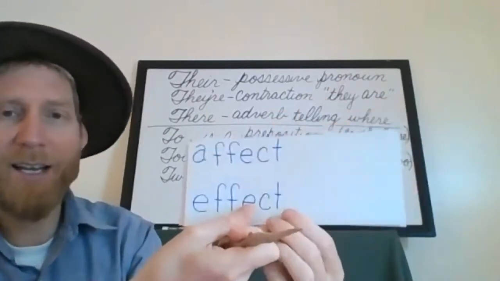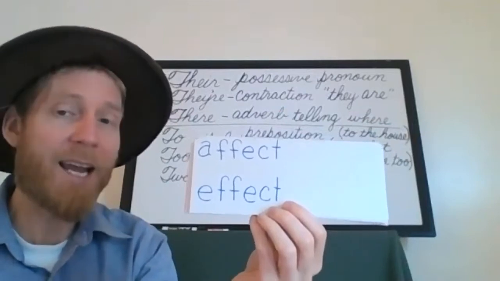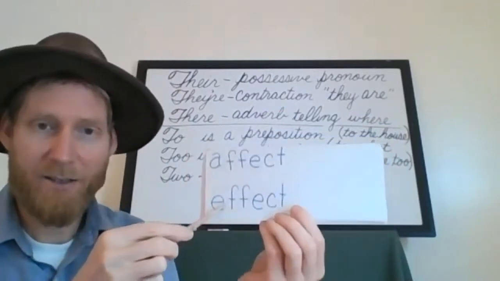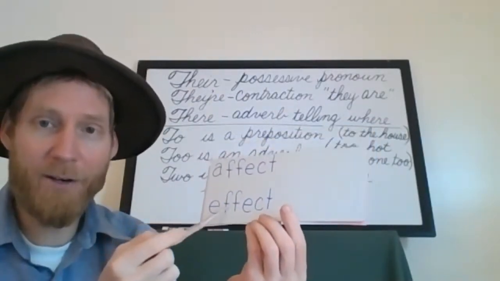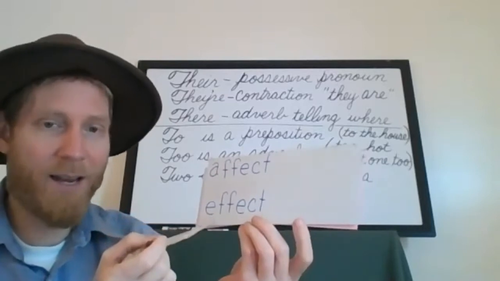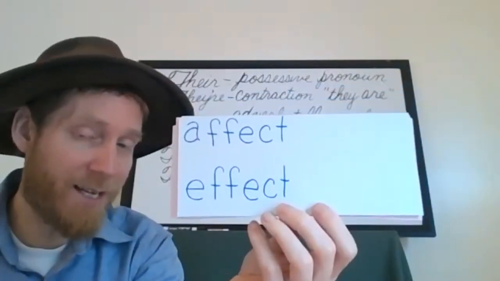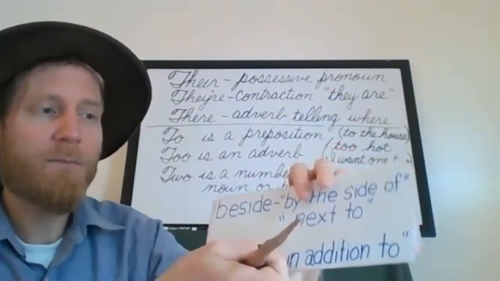Affect and effect. Affect is the verb. It affected me, okay? But it had an effect on me. If it's used as a noun, like an or a the in front of it, then it's effect. If it's a verb, an action word that you're doing, it's affect with an A, so don't forget that one.